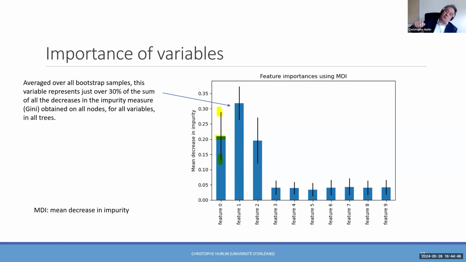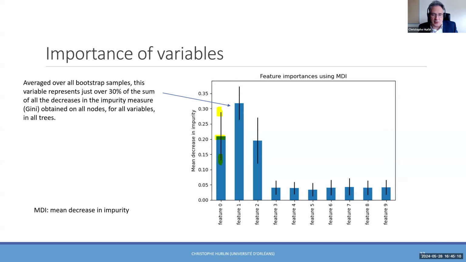So the impurity gains of the first feature range from 0.12 to 0.29, and the average is 0.2021. This is the minimum and the maximum of the impurity gain obtained over the B bootstrap samples, or the B trees trained on the bootstrap samples.